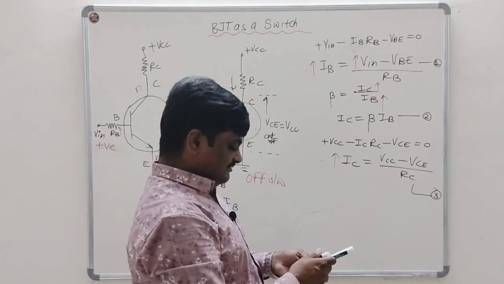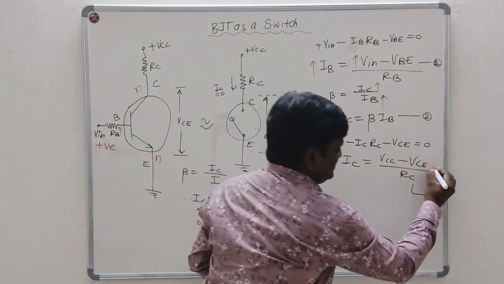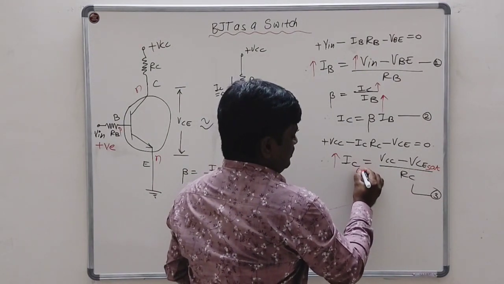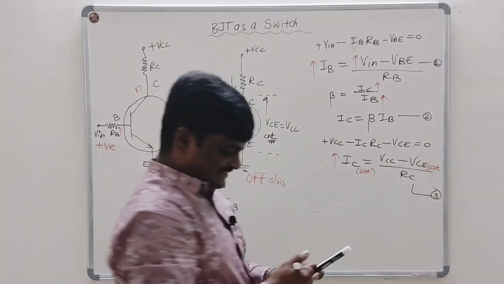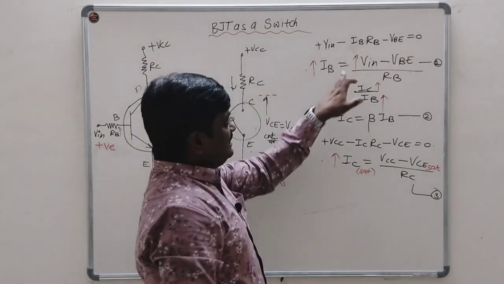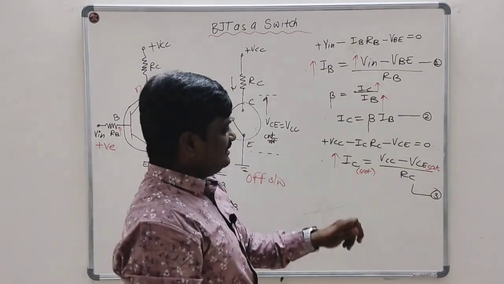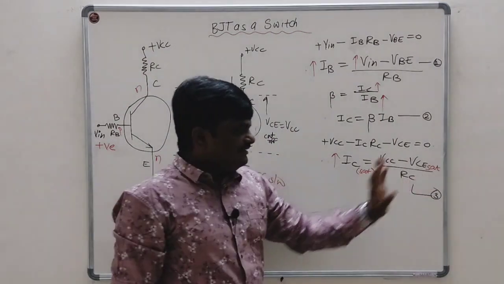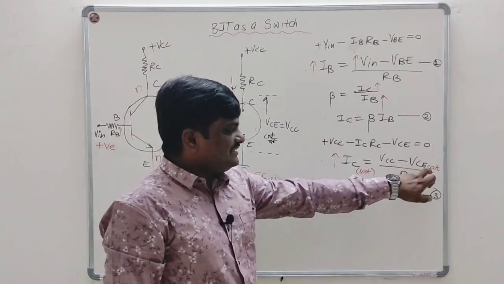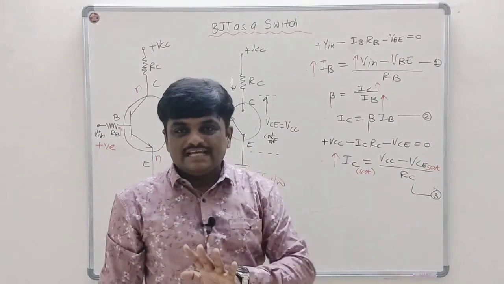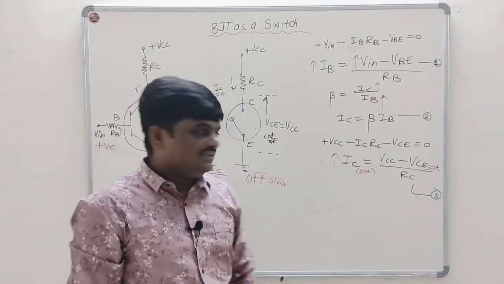So in saturation level, I consider the VCE sat, and the corresponding value of saturation current is IC sat. So if you increase the input voltage, base current will increase, there will be increase in collector current, and there will be decrease in VCE. But there is certain limitation, minimum value of VCE, beyond which it cannot be decreased, that is 0.7 volt.